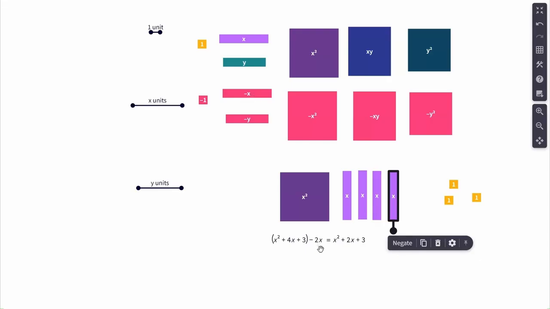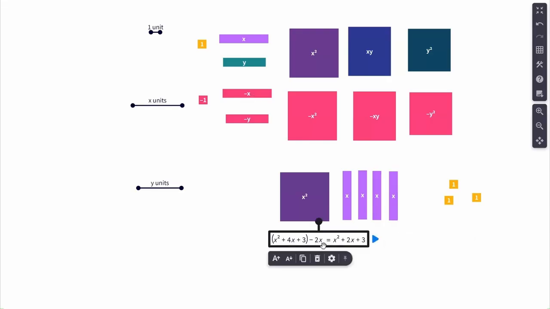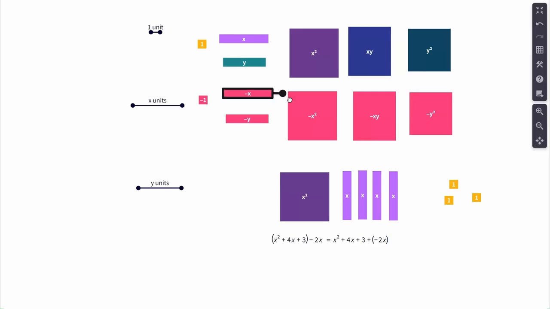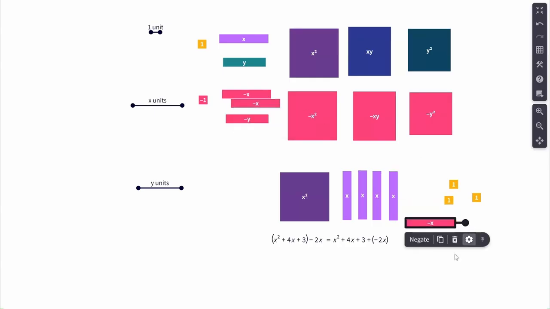So here we're going to have plus negative 2x. Instead of minus 2x, we're going to think of it as plus negative 2x. So x squared plus 4x plus 3 plus negative 2x. So we're going to take a negative x, let's take 2 of those negative x's, and we're going to bring those over here.